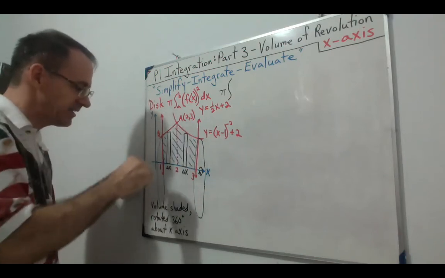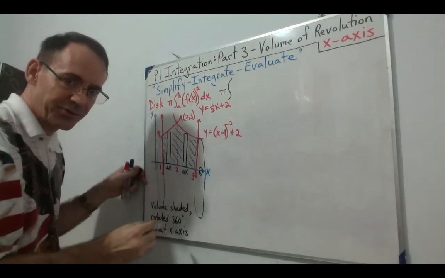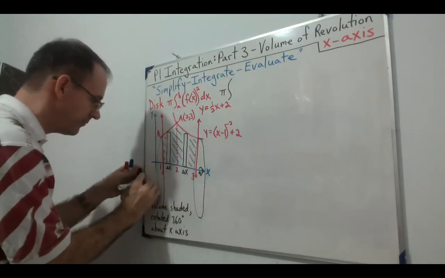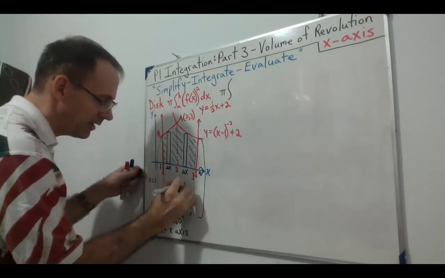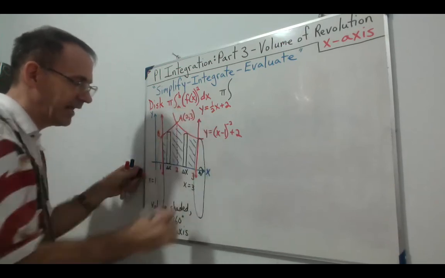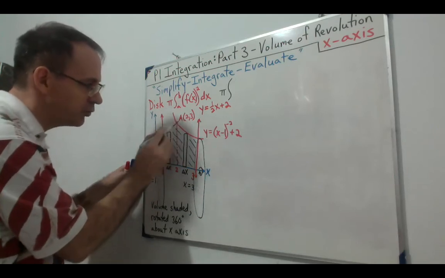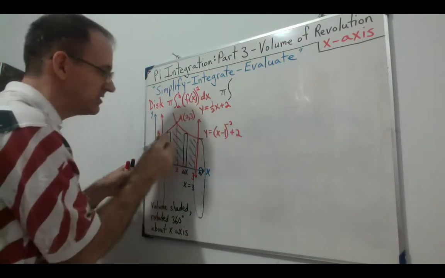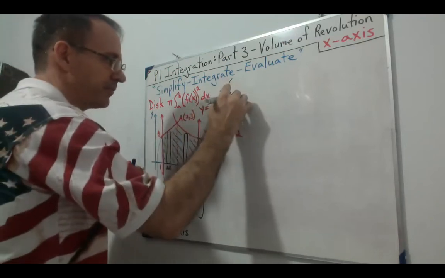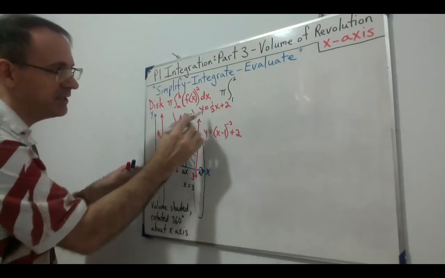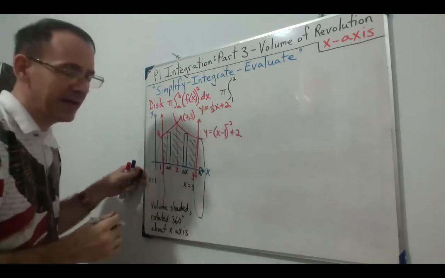There's x equals 1 line and x equals 3 lines shown in the diagram. So we have from 1 to 2, which is where this line ends as far as our shaded region goes.